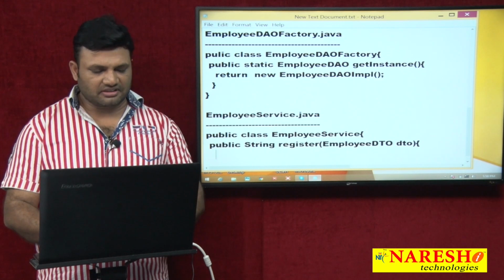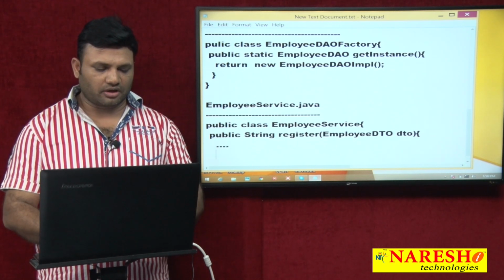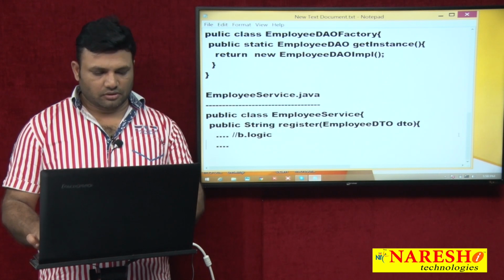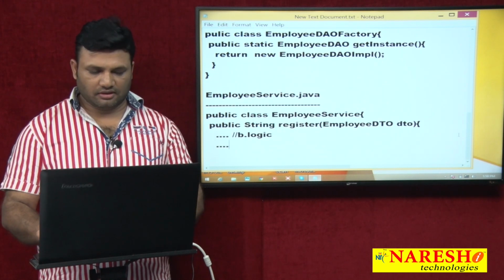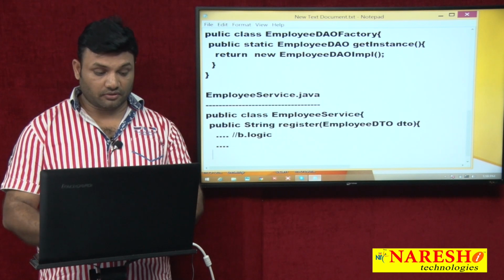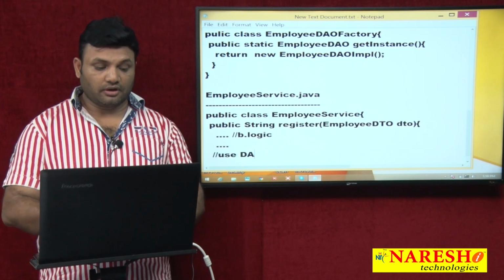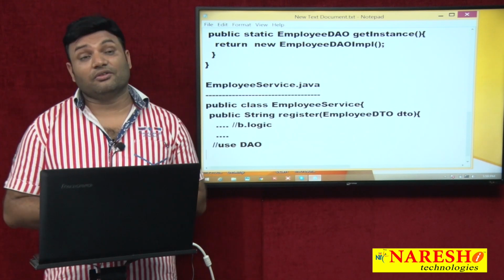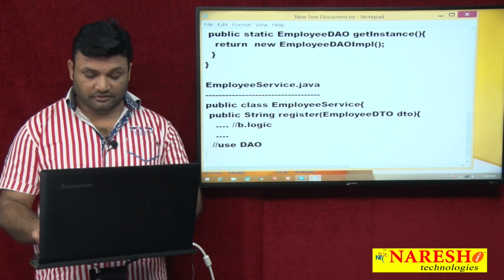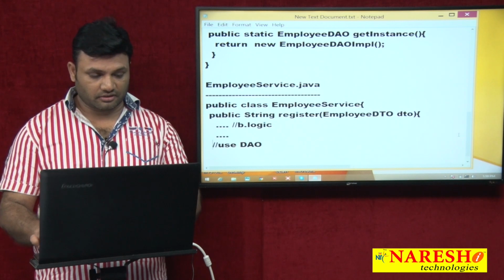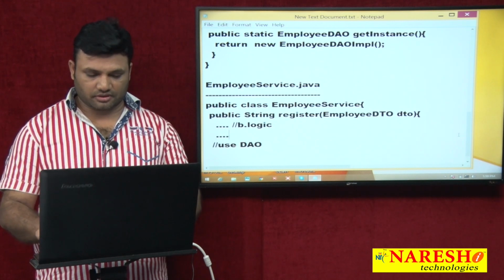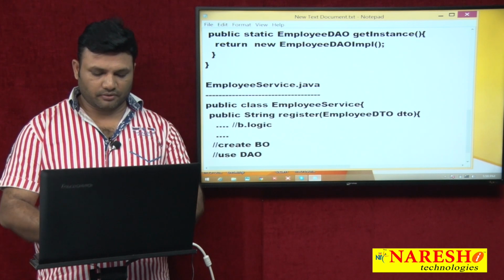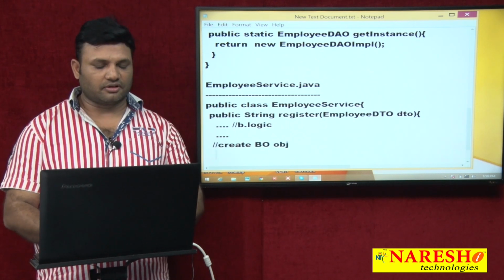So here, some business logic. I am not worried about that. Some business logic. Okay. Then I should start using DAO. But the DAO class insert method is expecting what? BO. So that's why first of all I have to create one BO object, a business object.